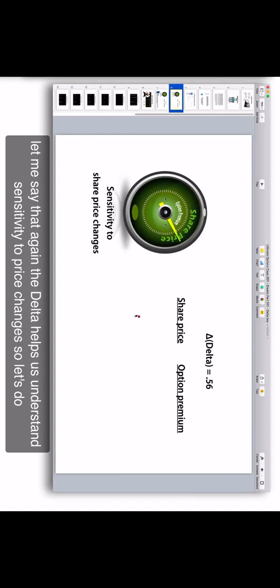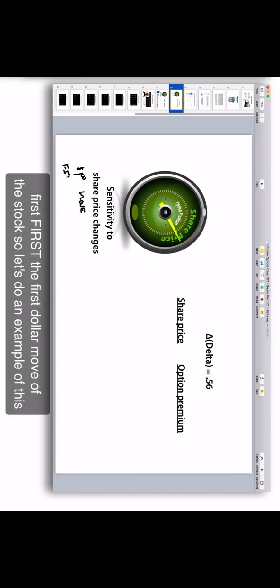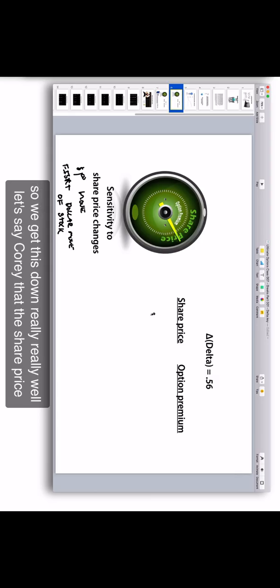So let's do an example here, and it's really about a $1 move, or what we might say the first, F-I-R-S-T, the first dollar move of the stock. So let's do an example of this so we get this down really, really well.